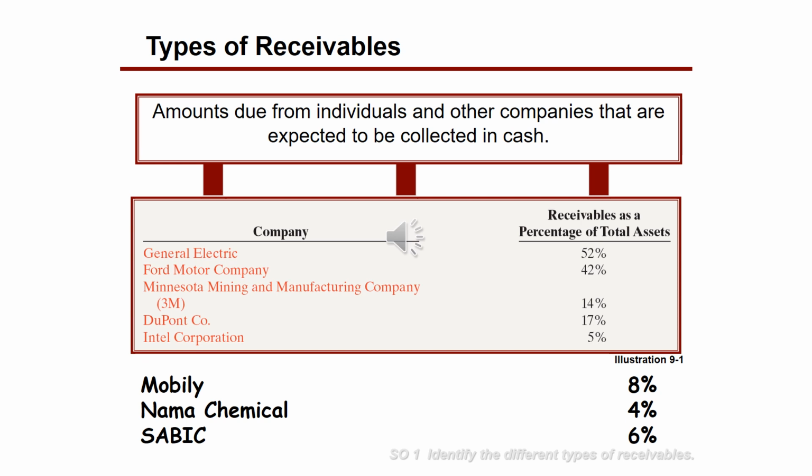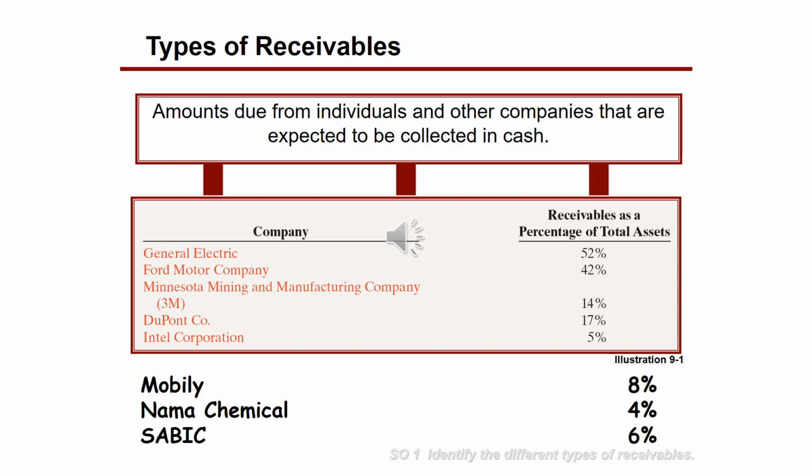When we look at the receivables as a percentage of their total assets, you may get companies such as General Electric here in the data in front of you that have receivables that represent 52% of their total assets. And you might have companies that have a higher percentage, and you have other companies such as Intel Corporation here that only has 5% of their total assets in receivables.